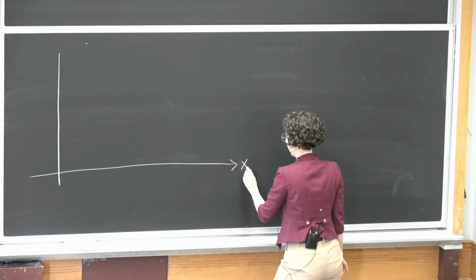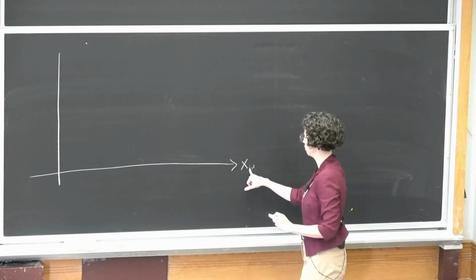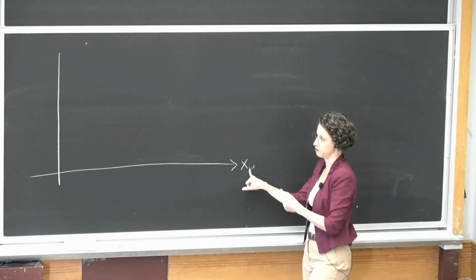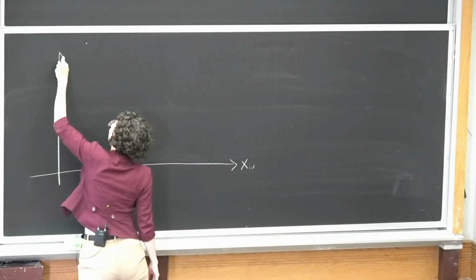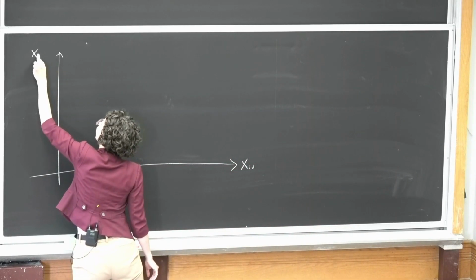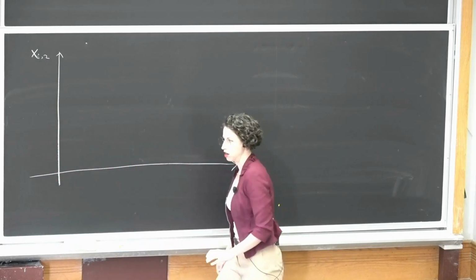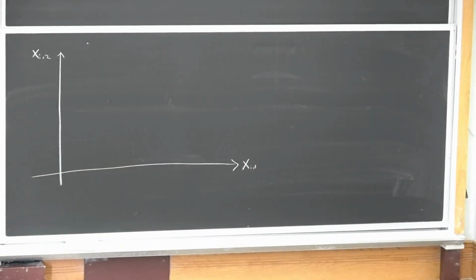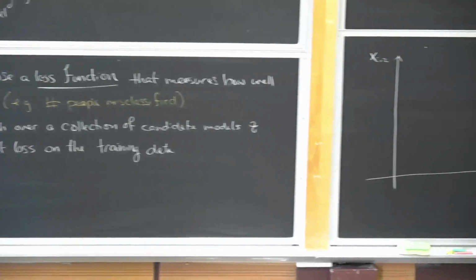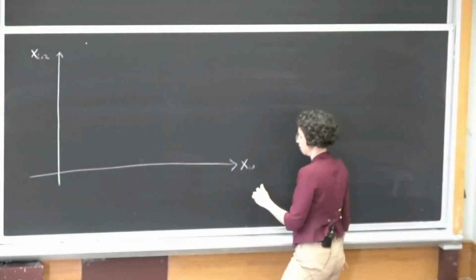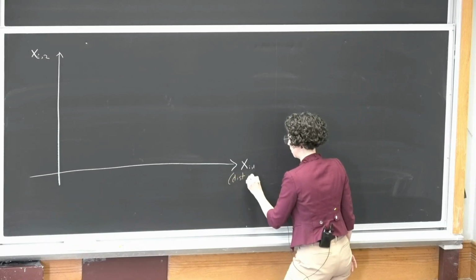So I'm going to have X, and this I'm going to write as X_i,1. So this means that it could be any of the samples i from 1 to n, but I'm looking at the first feature. And then over here, I'm going to have X_i,2. So in our running example of classifying whether someone is smiling or not based on facial features, this could be distance, eye to mouth.